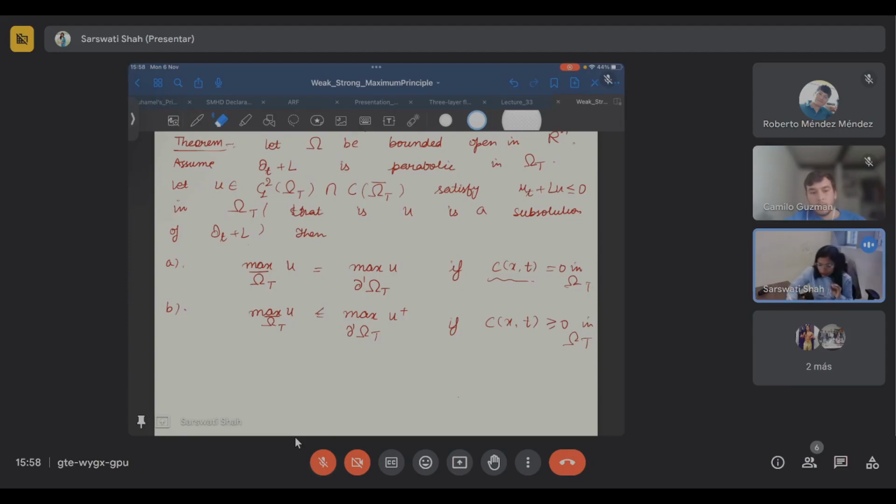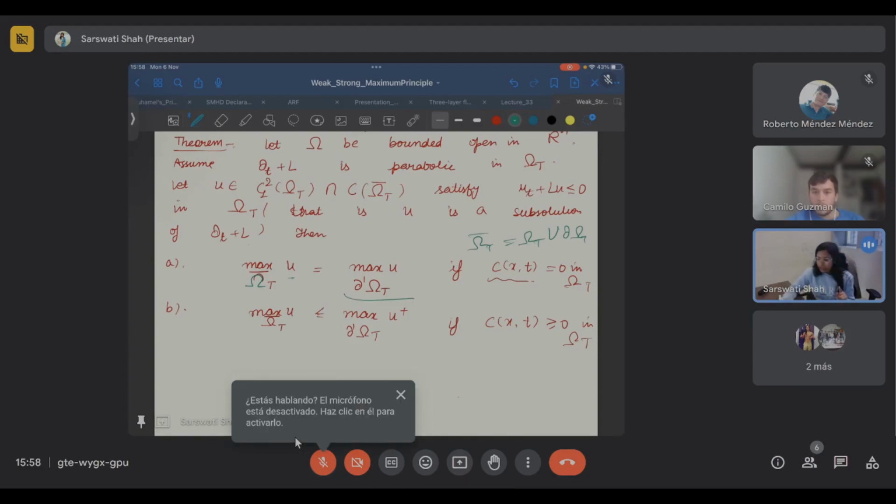You can see omega t bar. What is this omega t bar? Omega t bar is the union of omega t and the boundary. So it is saying that if you take the maximum of that function u, which is a solution of the given operator, anywhere in the domain and its boundary, the maximum will always be attained on the boundary, in the case c is 0.